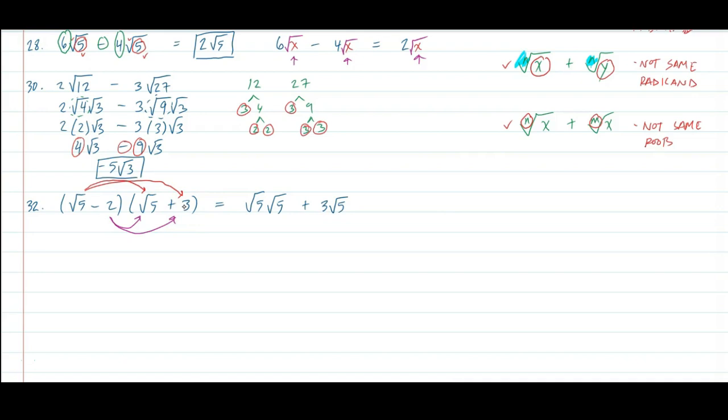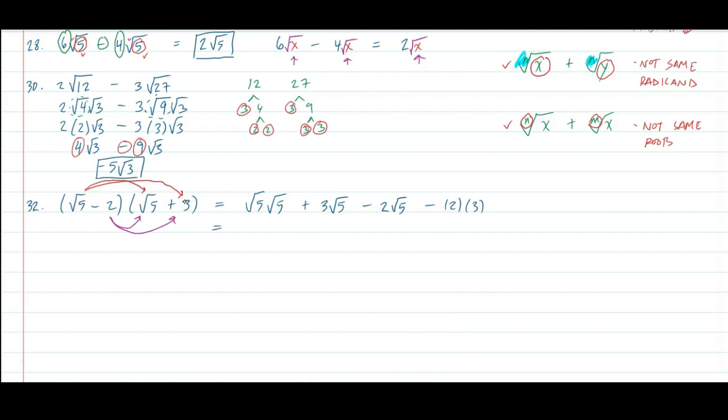Okay? Now let's go to the next piece. You're going to take negative 2 and multiply it to root of 5. So that becomes minus 2 root 5. And you're going to take the negative 2 and multiply it to the 3. So that becomes minus 2 times 3.